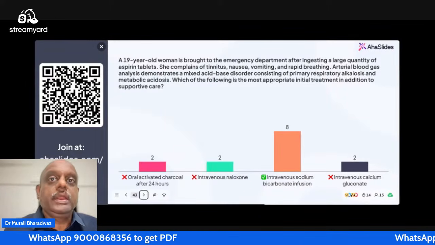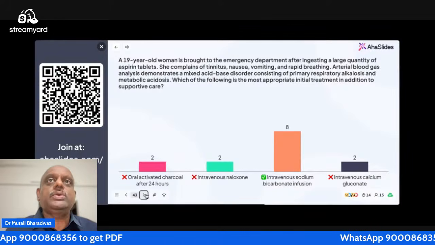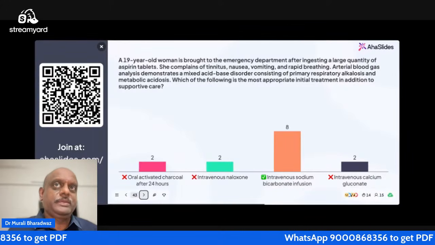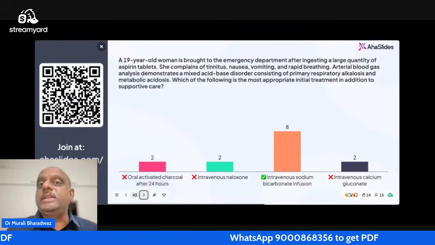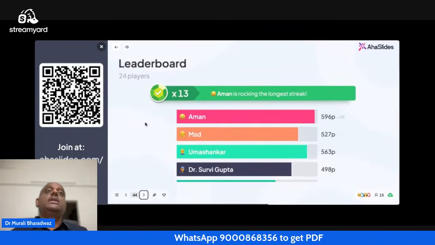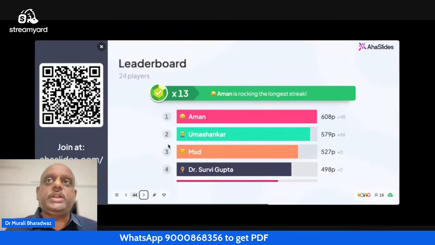Good. We need to give IV sodium bicarbonate. Whenever salicylate toxicity is there, we need to alkalinize the urine, is what you need to remember.